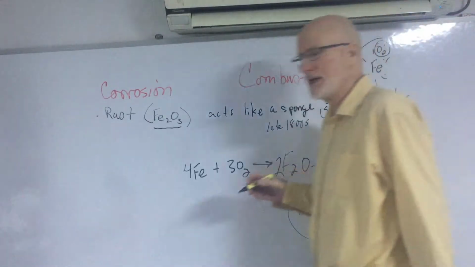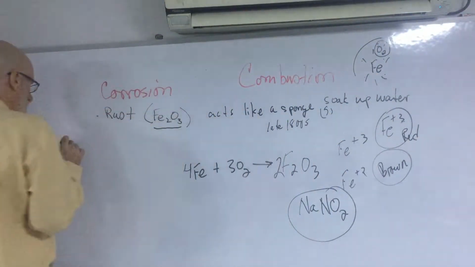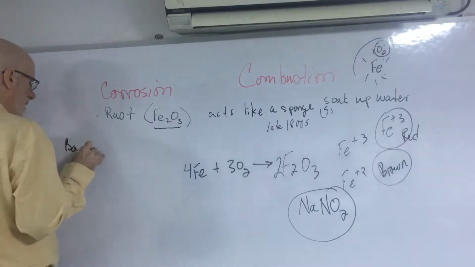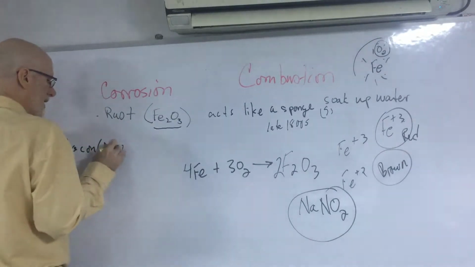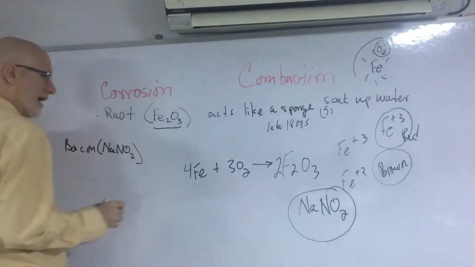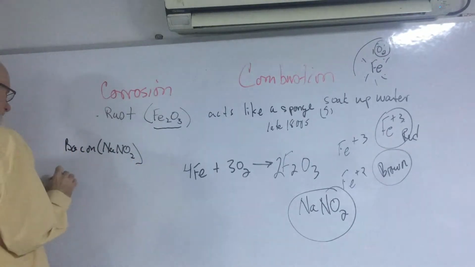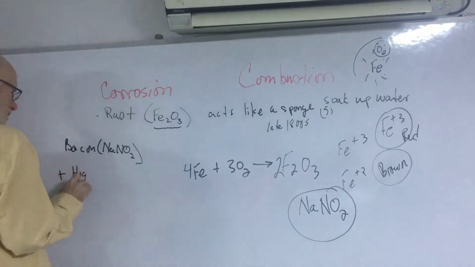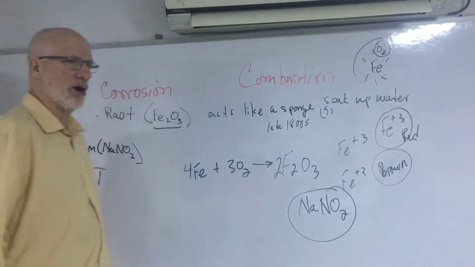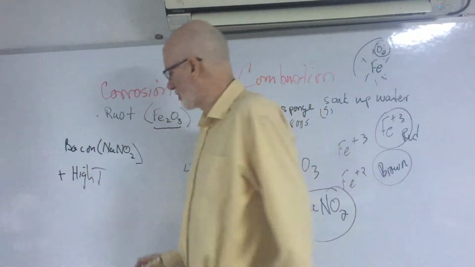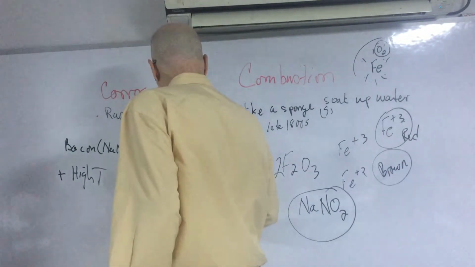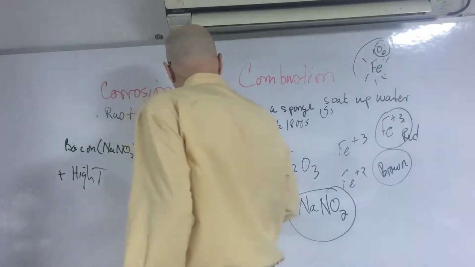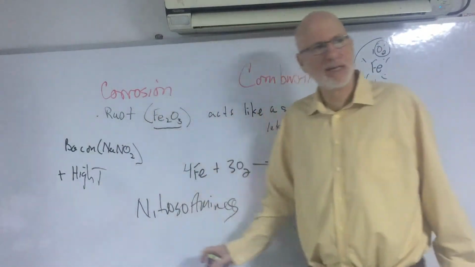Now, this is the deal. When you take bacon, let's say, which contains sodium nitrates, and you cook it at high temperature, like on the stove, you produce something called nitrosamines.